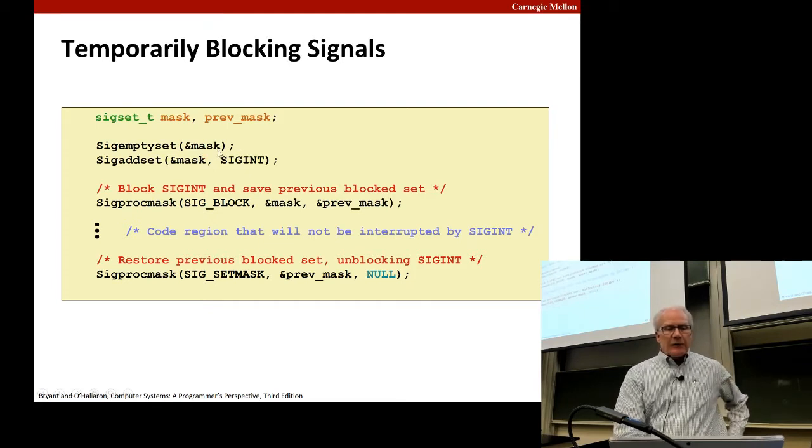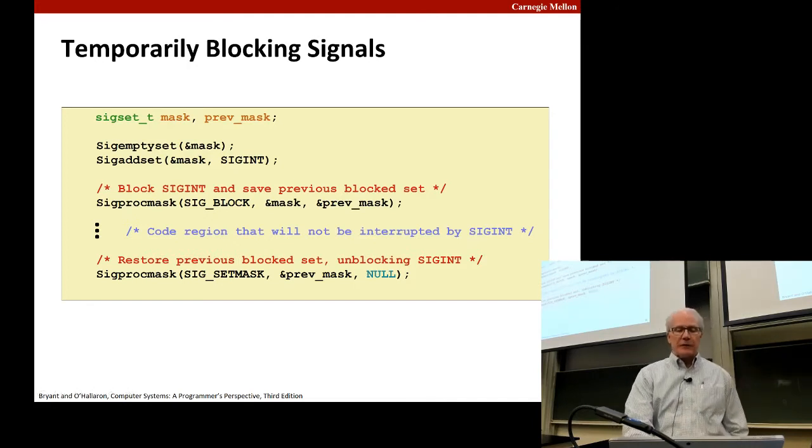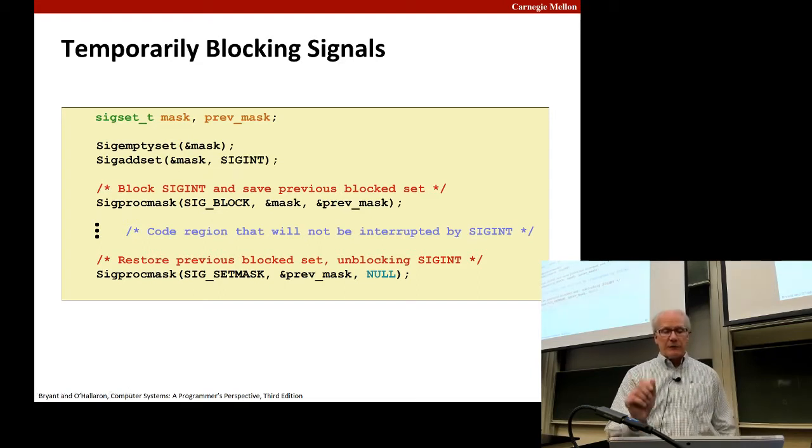So here's an example where I want to block SIGINT. First I have to declare two sigset_t's, which are whatever data structure it uses to represent these. And you don't need to know the details of how they're represented. But you can create an empty mask, a mask where nothing is blocked, and then just add to it the bit for SIGINT.